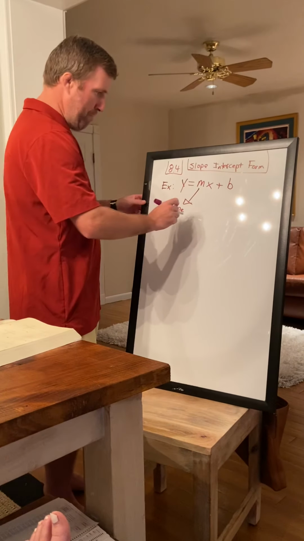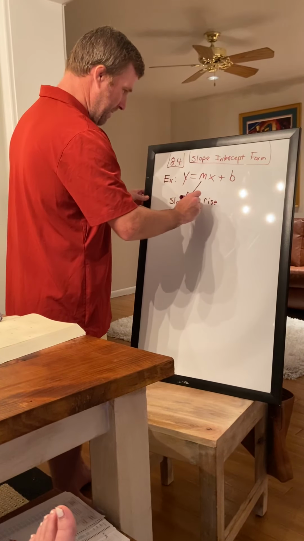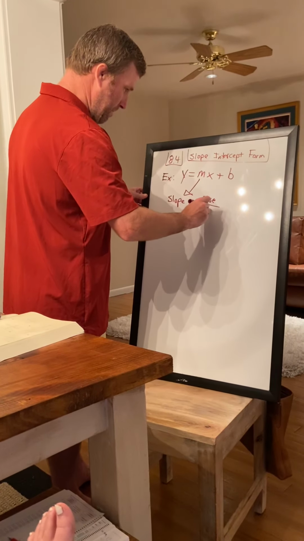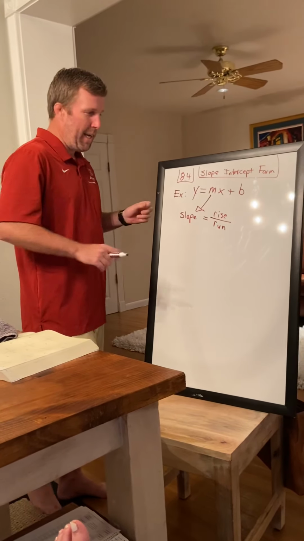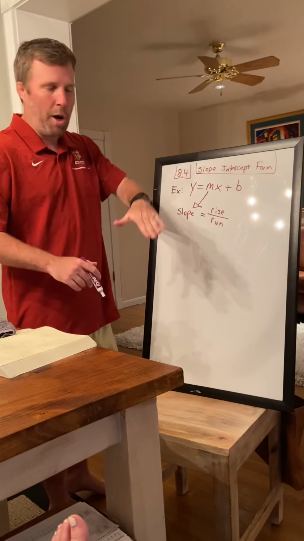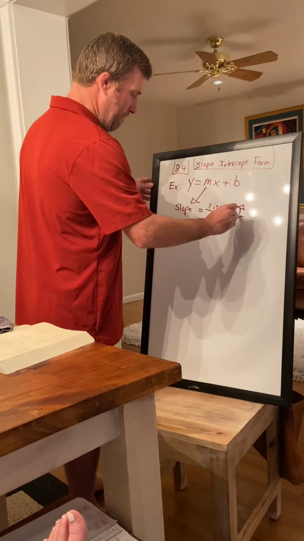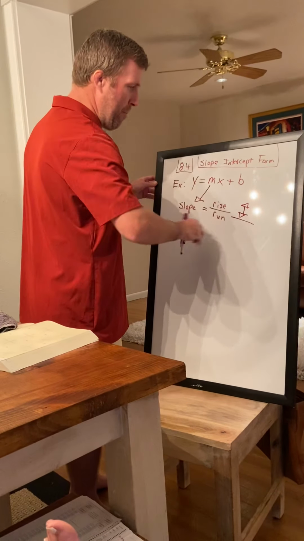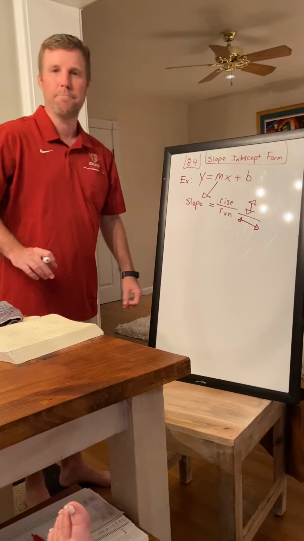And slope is rise over run. And when I say rise, how much up or down? Divided by the run, how much left or right?